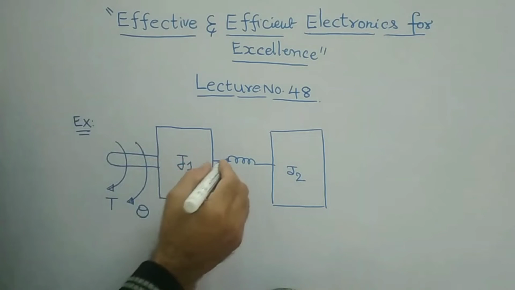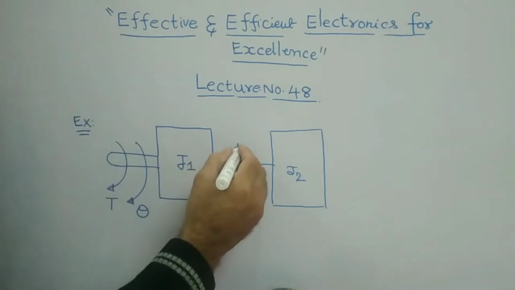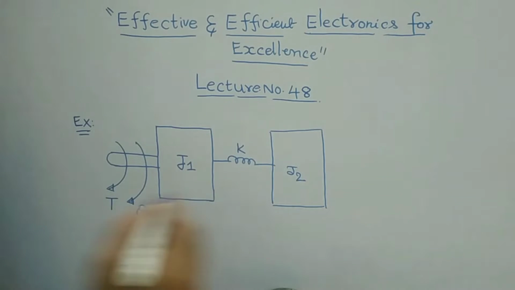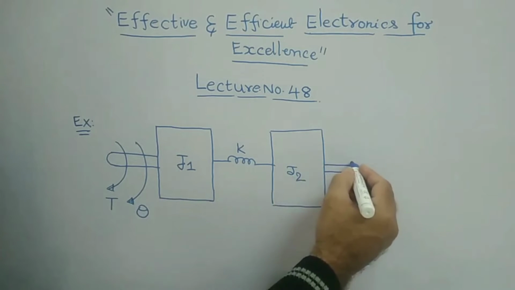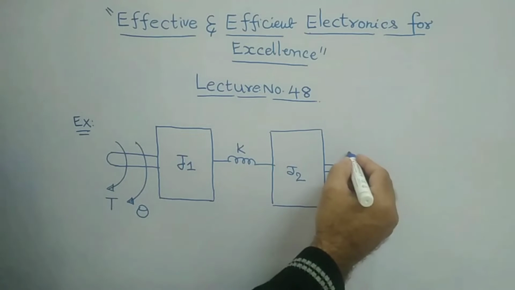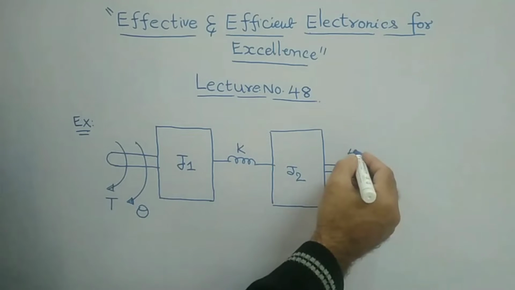Clear? This is the common element between J1 and J2, denoted by K, and this J is connected to one dash pot element.